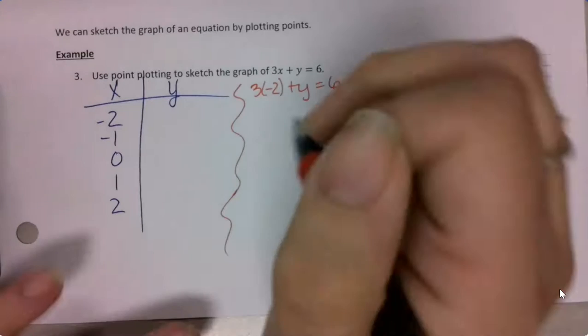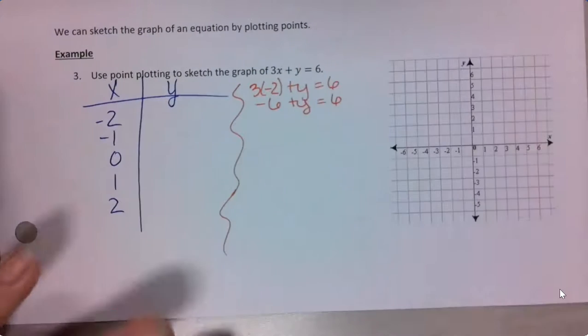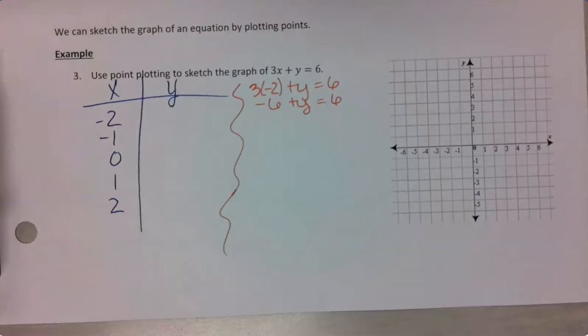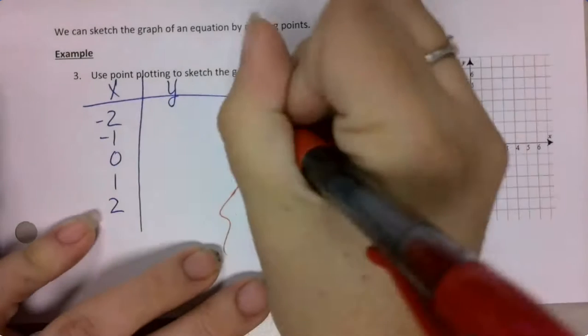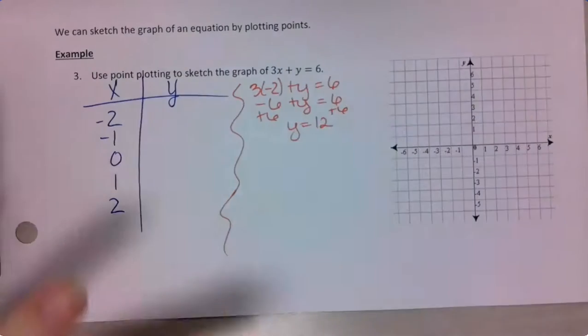Then 3 times negative 2 is negative 6. Then I want to add 6 to both sides. So for this first one, y is 12.